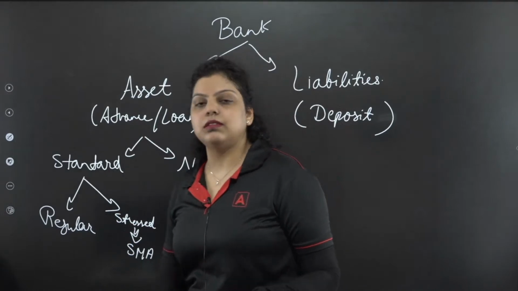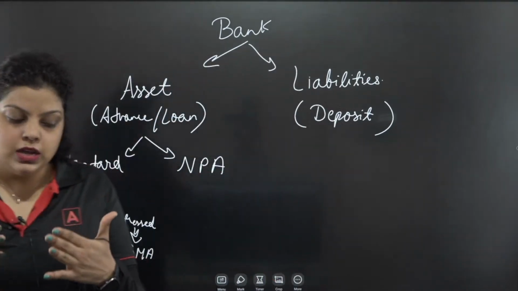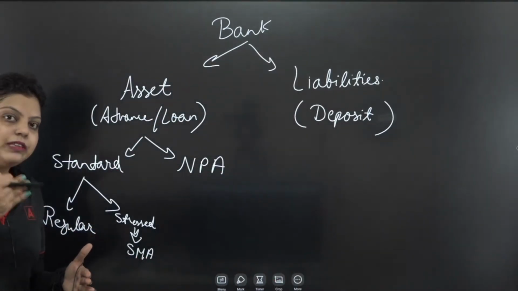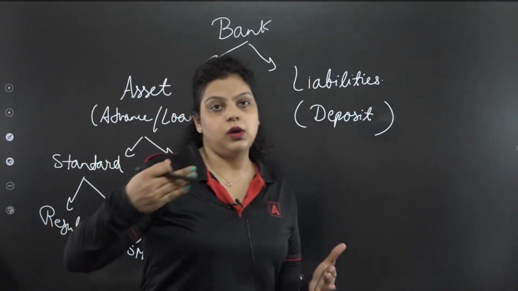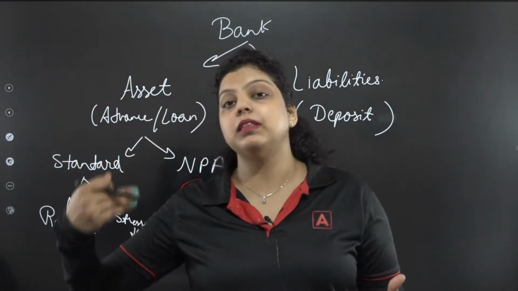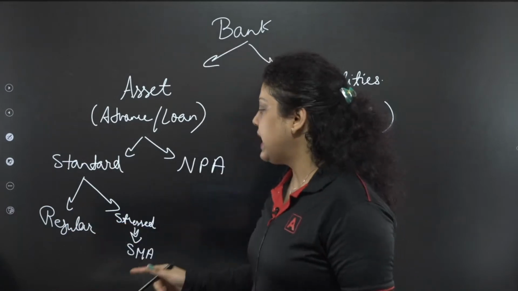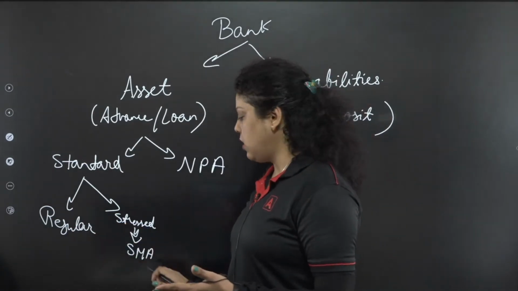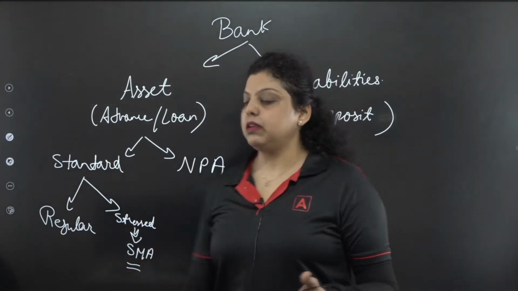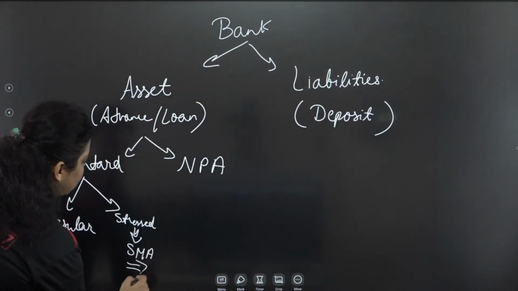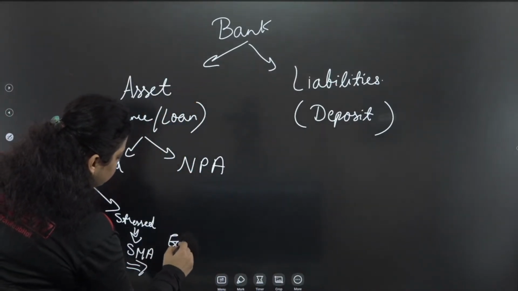Stressed assets are the types of assets in which the bank finds that the customer is not repaying the installment on time. The customer is not repaying the principal or interest on time. In that situation, the bank creates a special mention account. So we can say these are the early identification of bad debts.